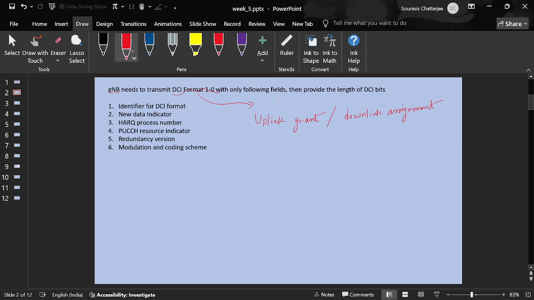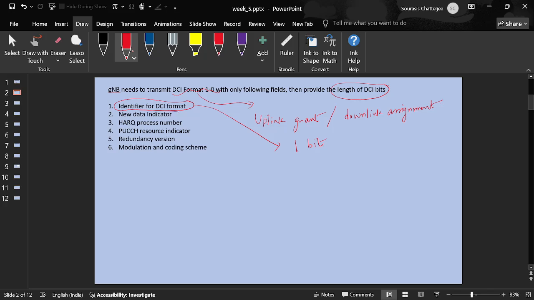Then how should I calculate the number of DCI bits here, the length of the DCI? I have these six fields here. So let's start with the simplest one, the identifier for the DCI format. How many types of DCI are possible? Two types. So I need only one bit to distinguish between them, either 0 or 1, right? So one bit, fine.